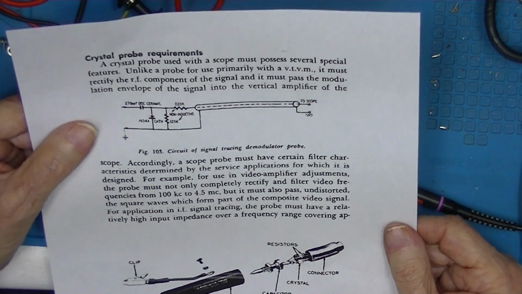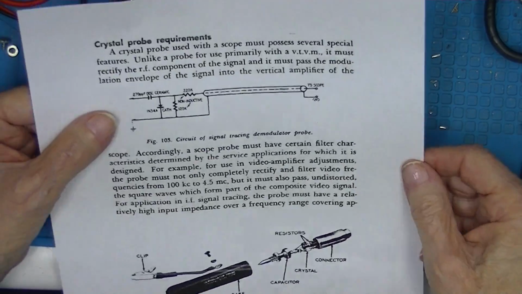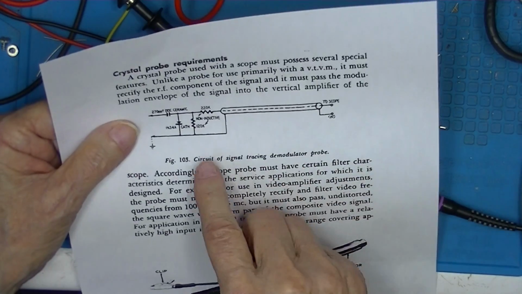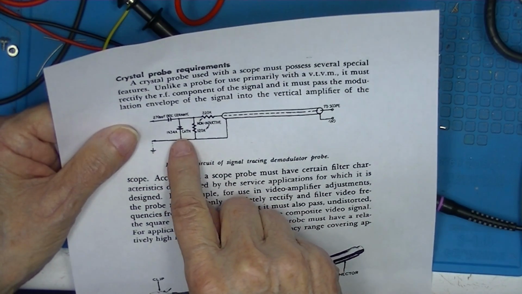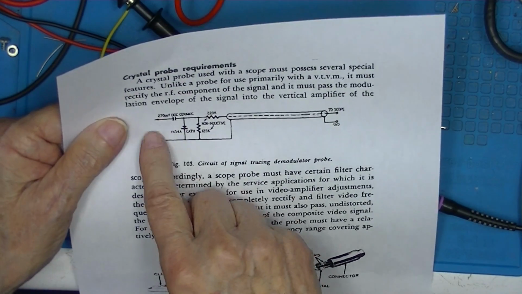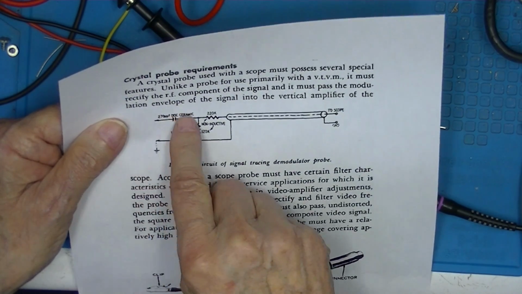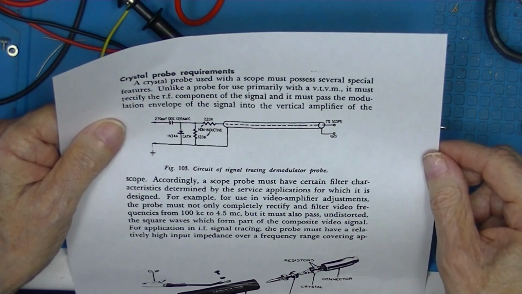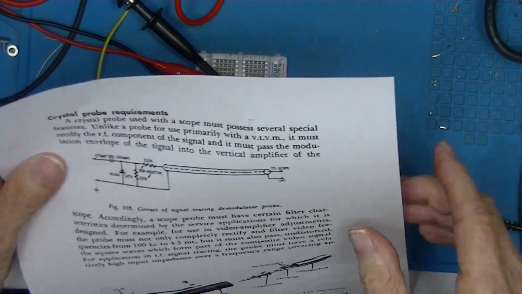I demodulated the signal with what's referred to as a crystal probe. It's actually just a diode, a couple of resistors and a capacitor. The modulated signal is here. The demodulated signal is here. I built this little circuit on a breadboard.